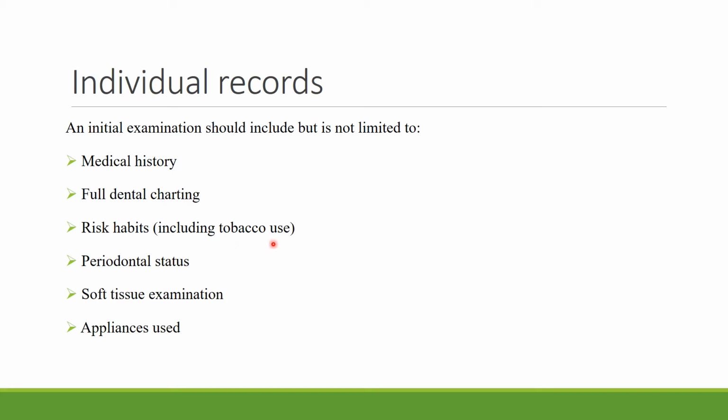Risk habits, tobacco use, alcohol, periodontal status, if you do not chart it separately. Soft tissue examination, and if the patient is wearing any appliances, any dentures, or tongue piercing studs or something, you have to record that. These are essential, you must record. That is why it says here "not limited to".